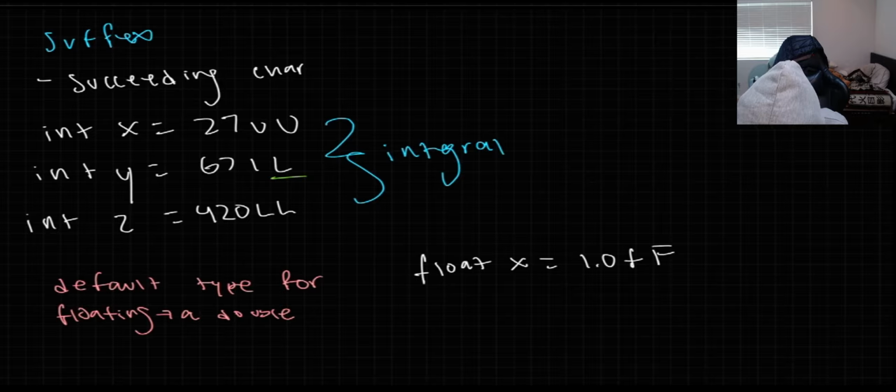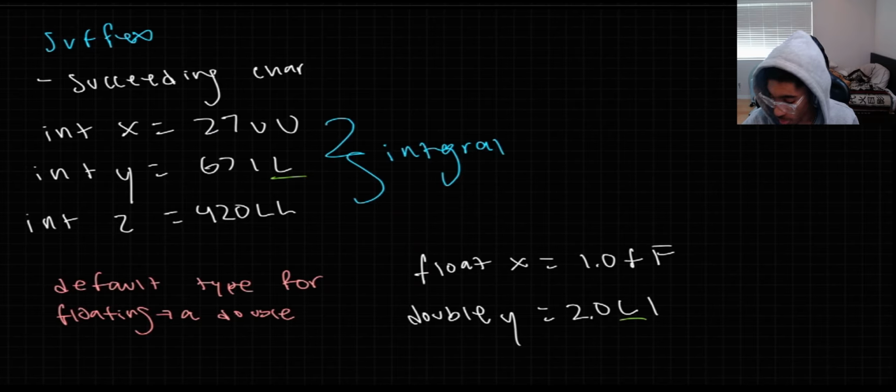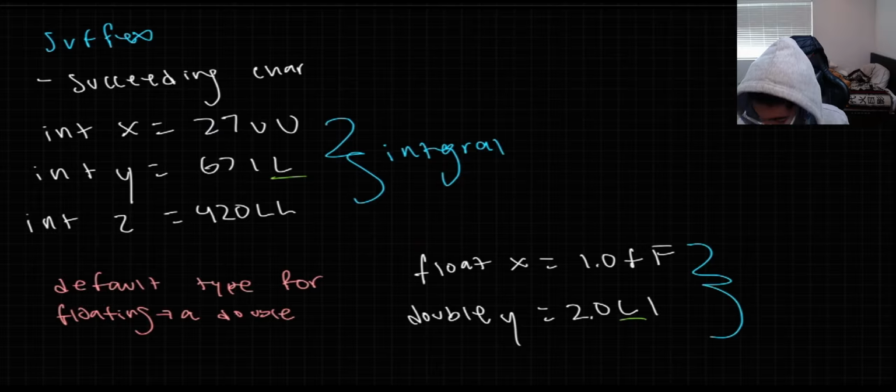So we can do double y equals 2.0. We can use a lowercase l or an L, but as I said before, use a capital L just for clarity. And this makes this a long double. So we can denote these as floating suffixes.